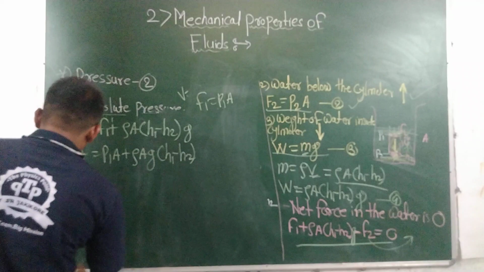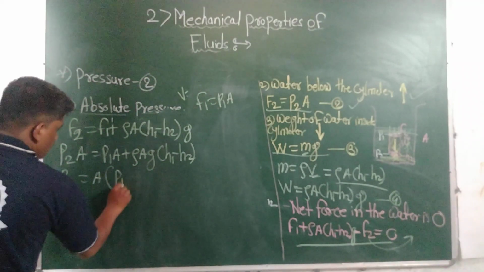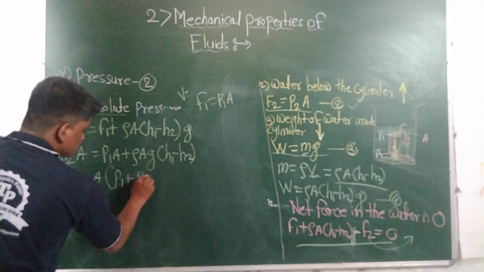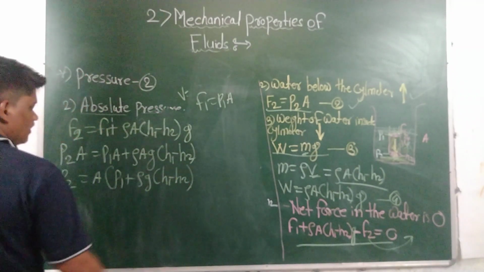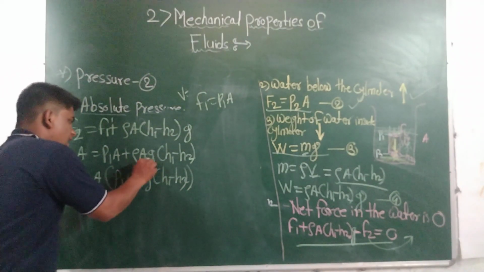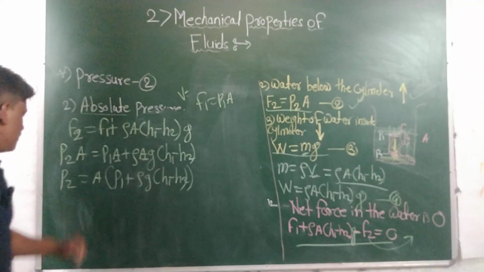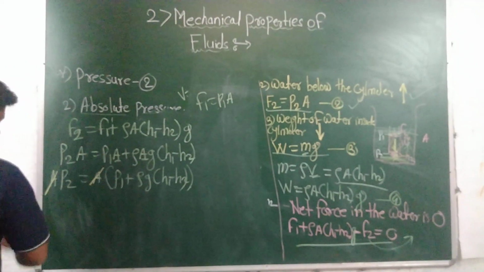Then the common term, area A, is factored out: A into (P1 plus rho g (H1 minus H2)), where g is the acceleration due to gravity. Here A is common on both sides, so these A must cancel.